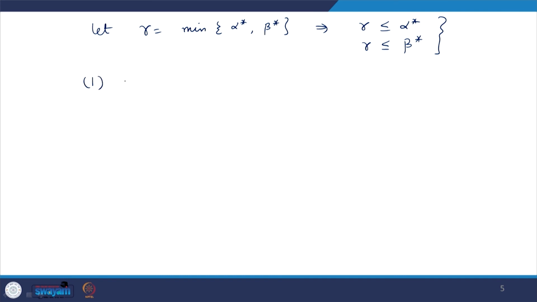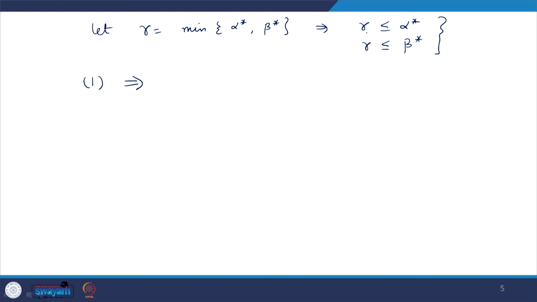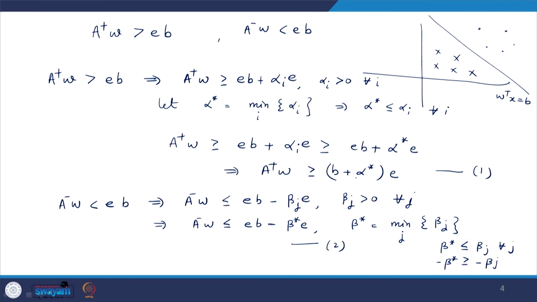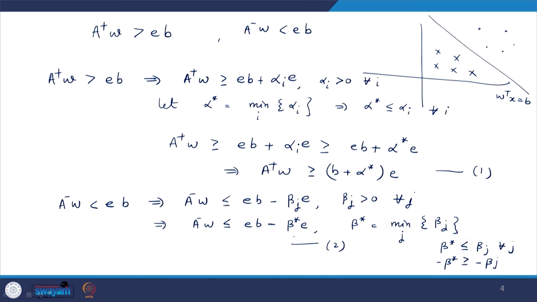So what does 1 imply? From 1, alpha star is greater than or equal to gamma, so A plus W is greater than or equal to B E plus gamma E. And from 2, we obtain A minus W is less than or equal to B E minus gamma E, because minus beta star will be further less than or equal to gamma.